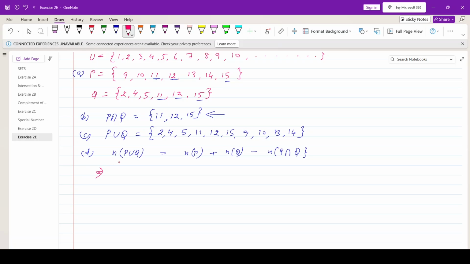From here we can see number of elements in P union Q is 1, 2, 3, 4, 5, 6, 7, 8, 9 and 10. So we can write it as 10.